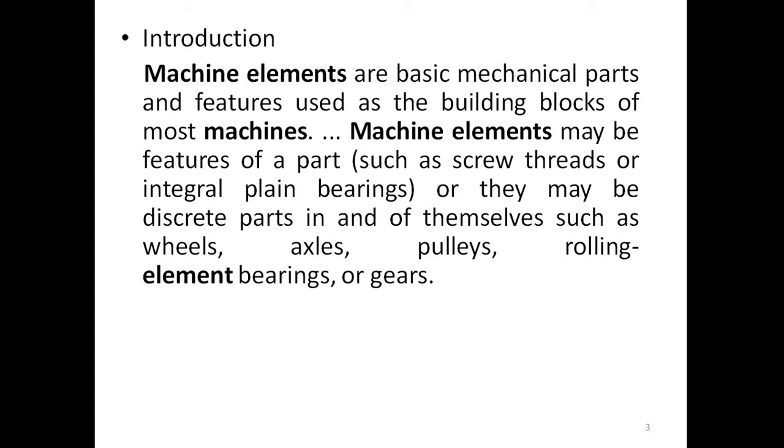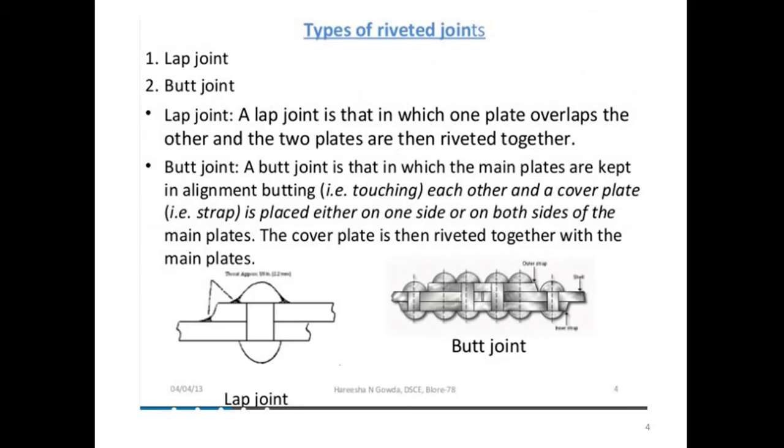Machine elements may be features of a part such as screw threads or integral plain bearings, or they may be discrete parts in and of themselves such as wheels, axles, pulleys, rolling element bearings or gears.